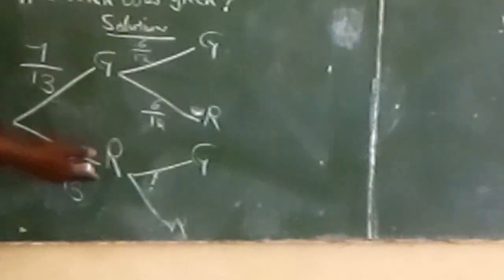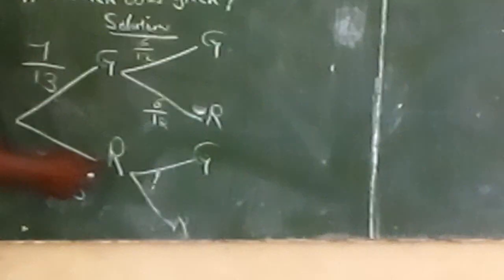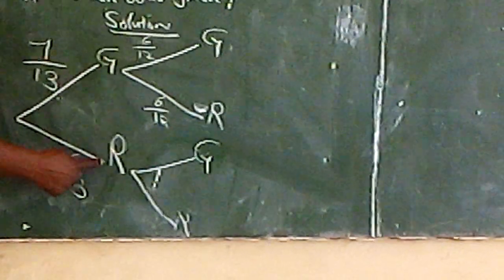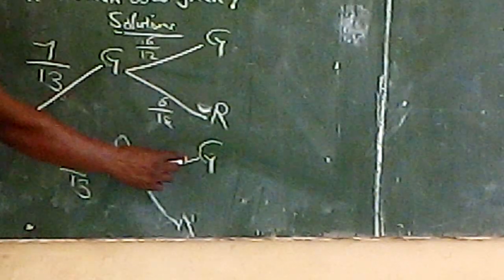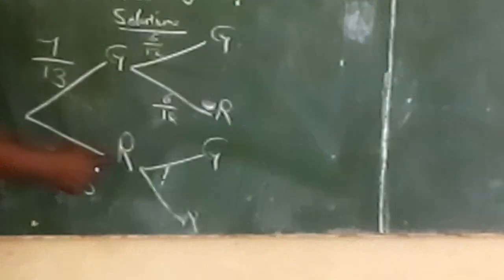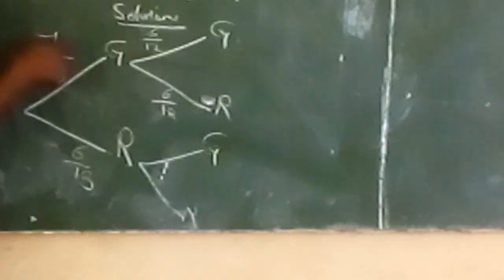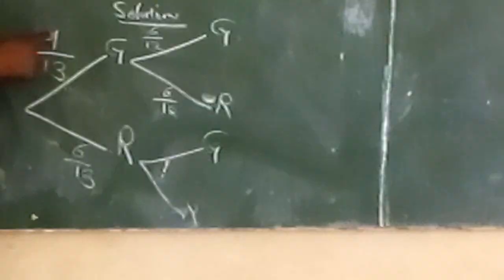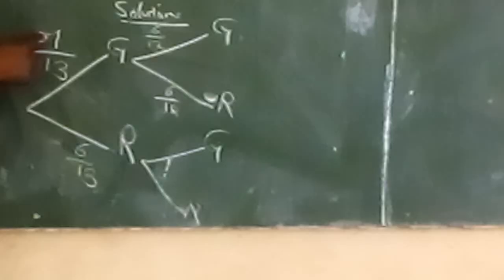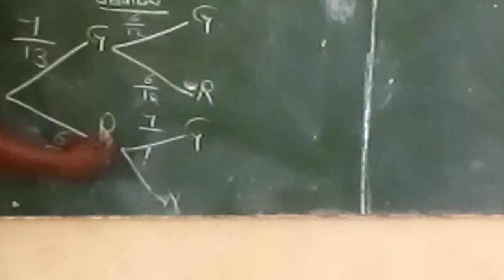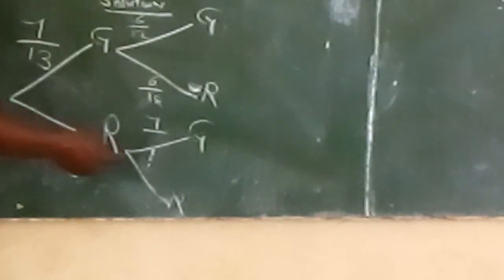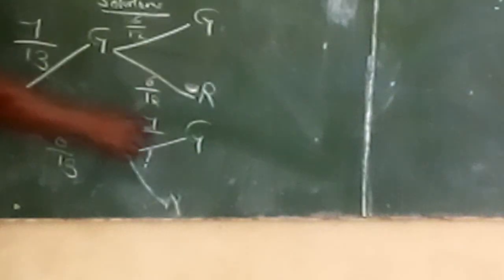In the second case, suppose it was a red apple that was actually picked. If it was a red apple, then what happens here? The green apple maintained. Okay, there were 7, so you write 7 here. But the fact that you picked one apple, which is a red one, the total still reduced from 13 to 12.